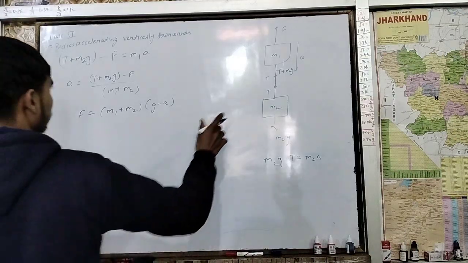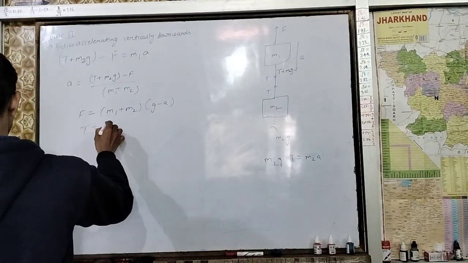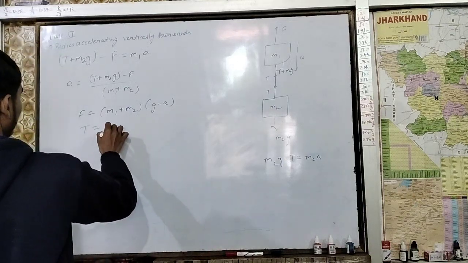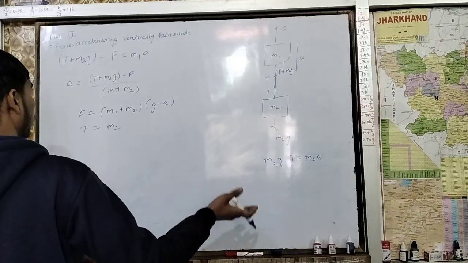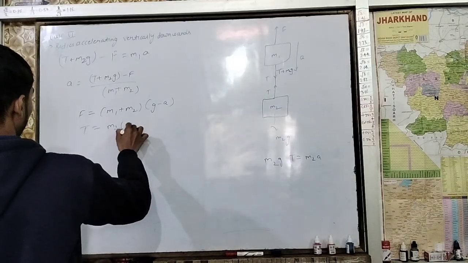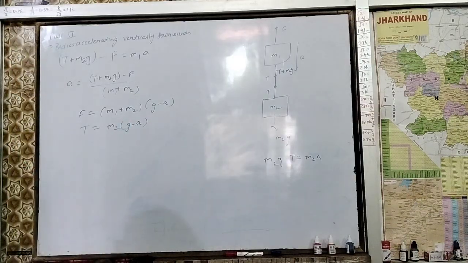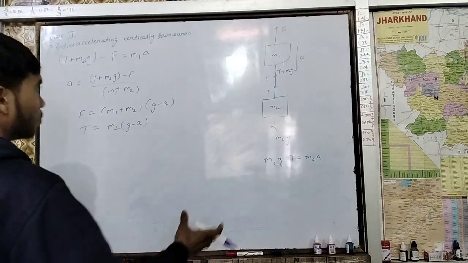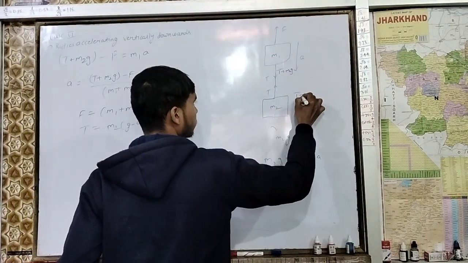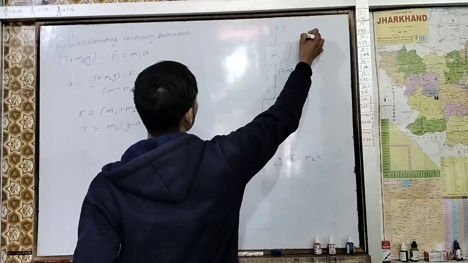Now for tension, for T, we have simply m2 and total gravitational force, which is g minus a. Okay, this was our equation.